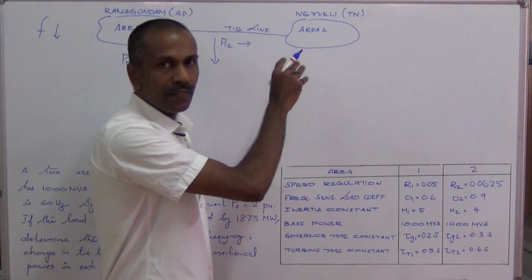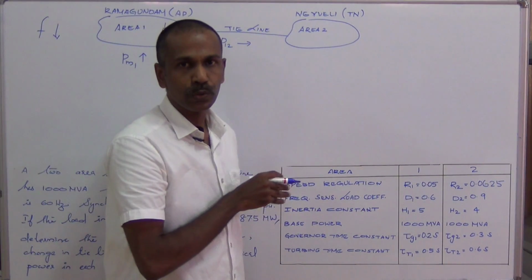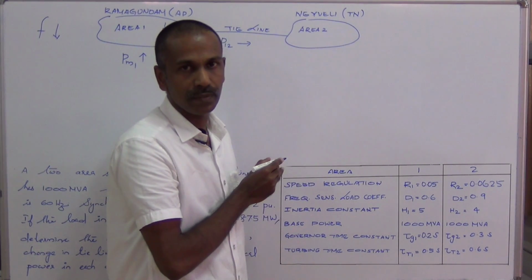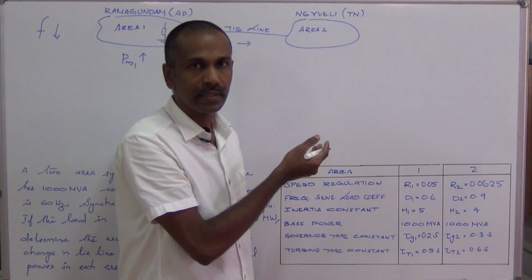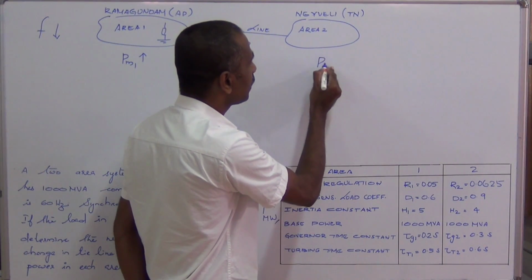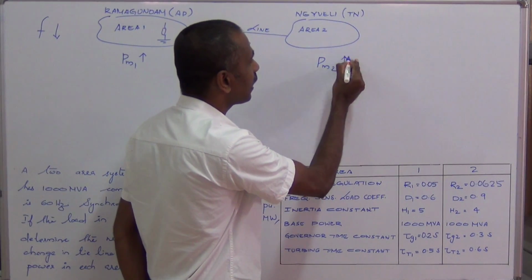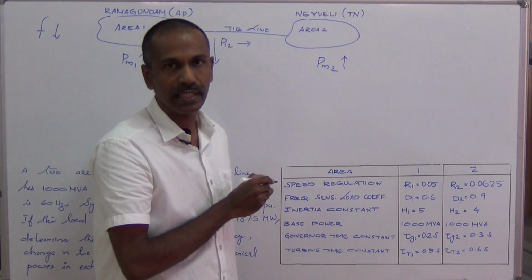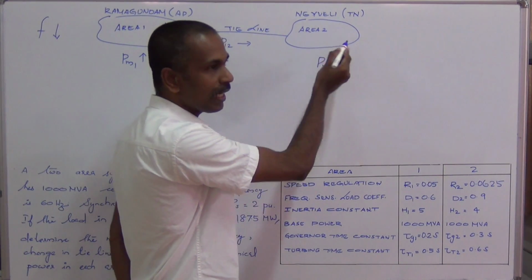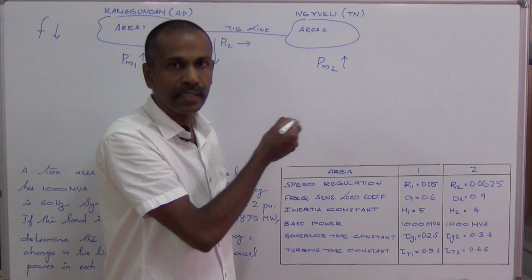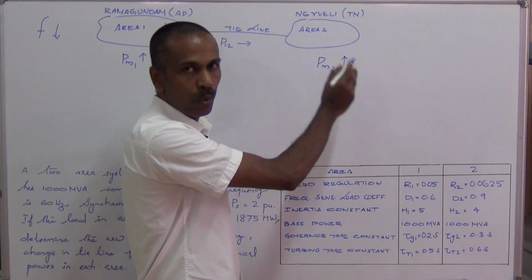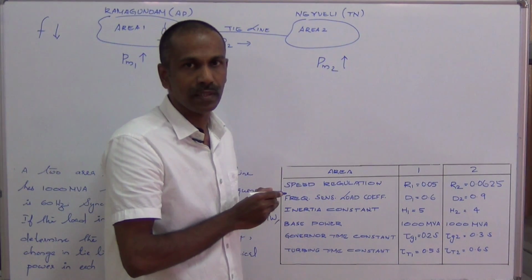As the power being given to the second area is reduced, but it still has the same electrical load connected, how can we meet the load demand in the second area? Let us increase the mechanical power in this second area. That is the only possibility left. When you increase the mechanical power, the power generation in this second area will be increased, and thereby we can meet the load connected in the second area.